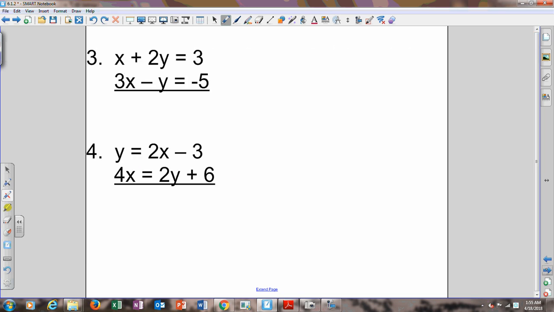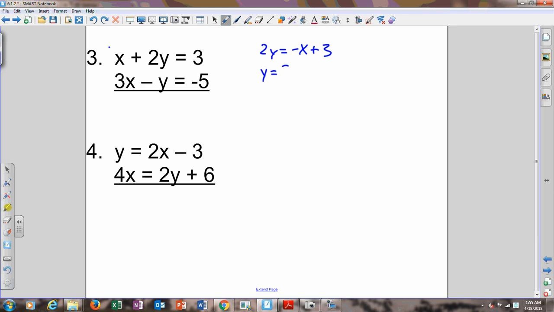Okay, next ones. Have to get y by itself in both of them first. Now this is what your homework is more like tonight. So I gotta subtract x from the first one. Gives me 2y equals negative x plus 3. Then I divide by 2.